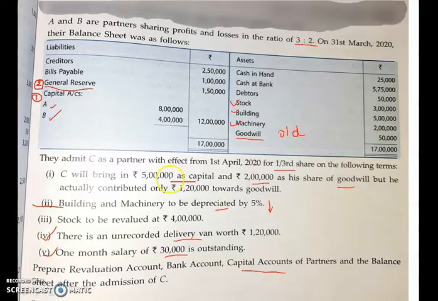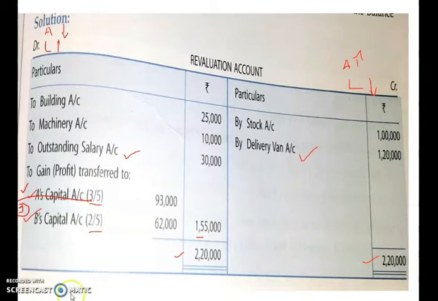He is bringing capital as well as 2 lakh as his share of goodwill, but he actually contributes only 1,20,000 towards goodwill. So children, let us post the entry for the capital brought by C. Let us post that first.